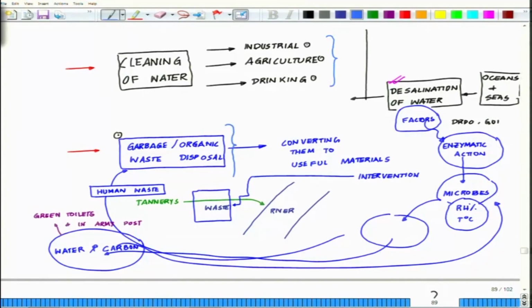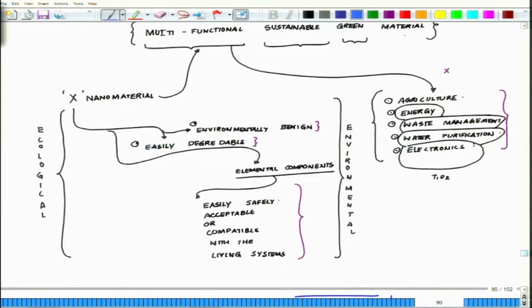garbage and waste disposal, desalination of water, and what we are looking forward to is multifunctional, sustainable green material.